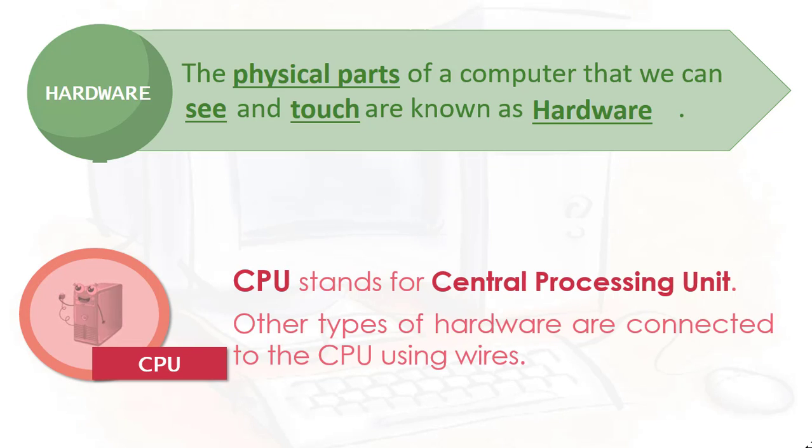Other types of hardware are connected to the CPU using wires. All the other devices like monitor, speaker, keyboard and mouse are connected to the CPU by using wires.